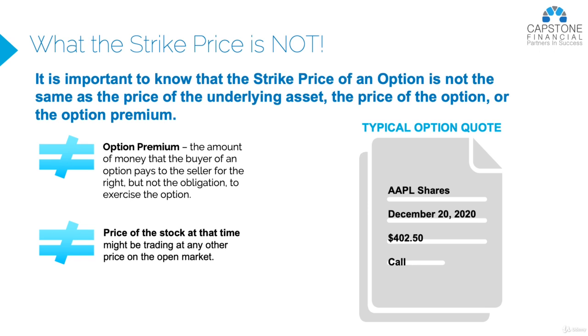Where do I think it's going? And let's go to the options market and see what that option is priced at. So you have the expiration date, December 20th, 2020, and the strike price, $402.50 for the call option.